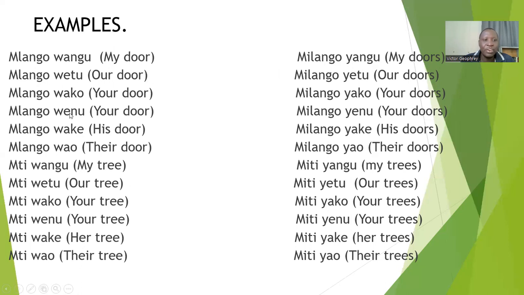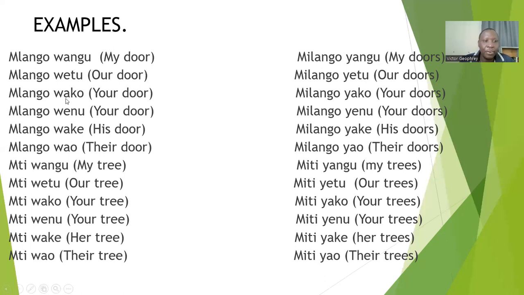Remember, this one is your, in plural. Mlango wenu, you in plural. The previous wako is you in singular, okay? So, mlango wenu, your door. Milango yenu, your doors. Let me repeat this area of you. When you use mlango wako, wako is your in singular.